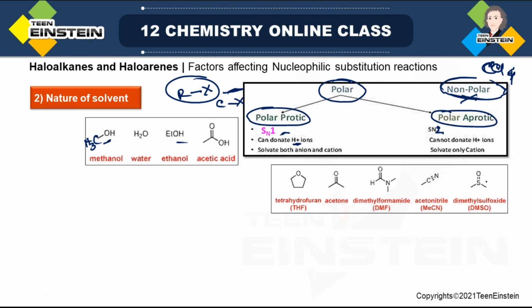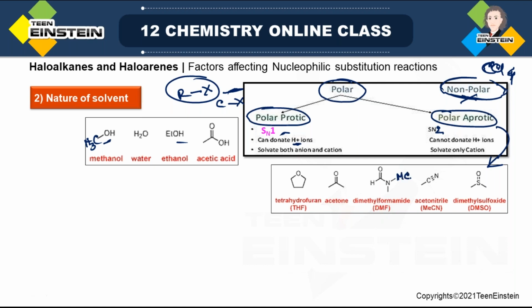But for polar aprotic, the examples are tetrahydrofuran, a cyclic ether. Here hydrogen is attached only to carbon, not to the electronegative element oxygen. Then we have acetone, then dimethyl formamide.